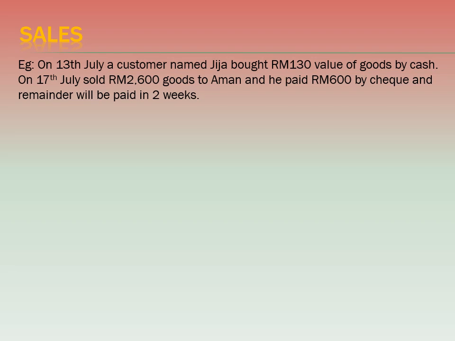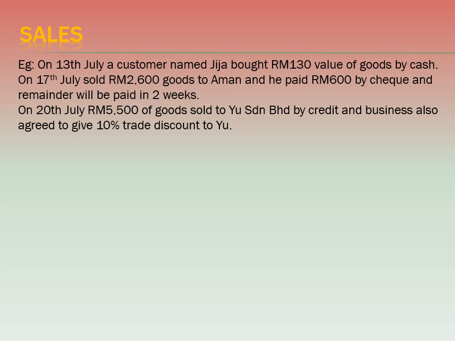Already paid 600 ringgit by money in the bank, and the remainder will be paid in 2 weeks, meaning that 2,000 ringgit is hutang. Arman owes us, and so delays the payment for that particular sale transaction.